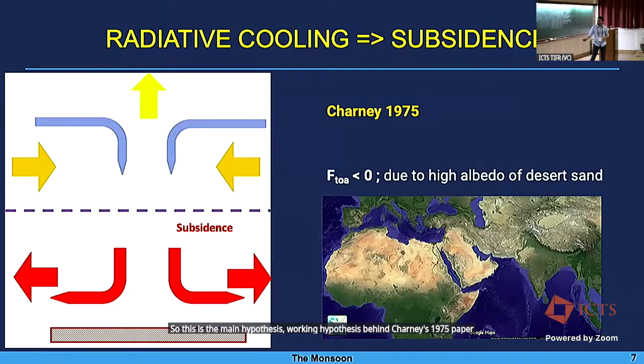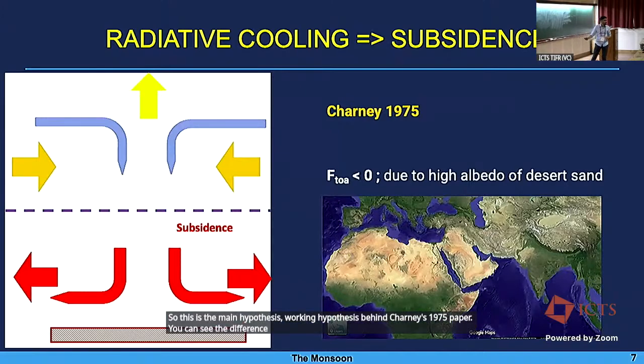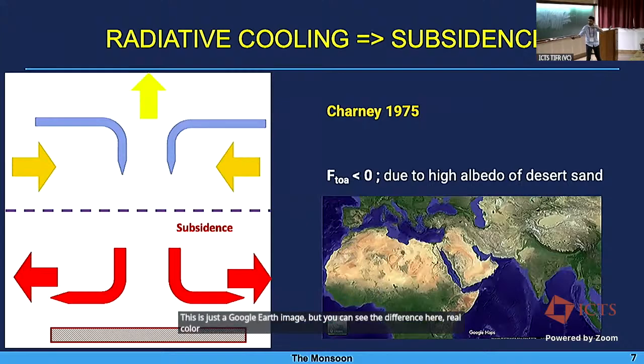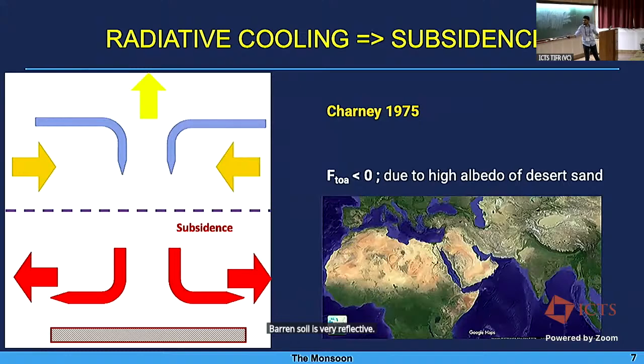You can see the difference in albedo. This is just a Google Earth image, but you can see the difference here, real color image. Barren soil is very reflective. South Asia receives substantial rainfall and is vegetated, and albedo is relatively low, right?